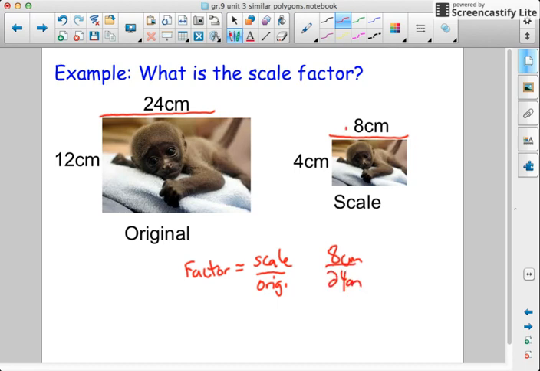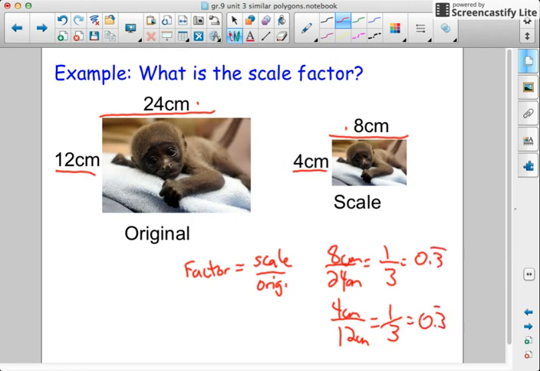So match up corresponding sides. I could simplify that to 1/3. And I'm going to make sure that this one is 4 centimeters over 12 centimeters. That's also 1/3. This is a repeating decimal, so it's better to leave it as a fraction, but you can see that they are the same. So the scale factor is 1/3 on this reduction.